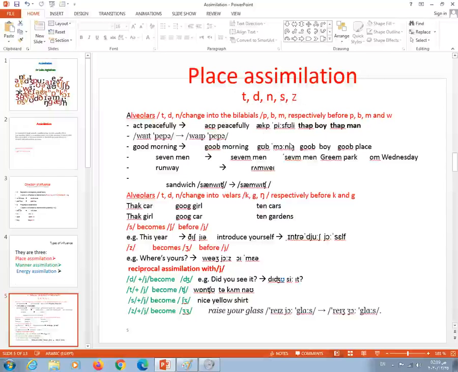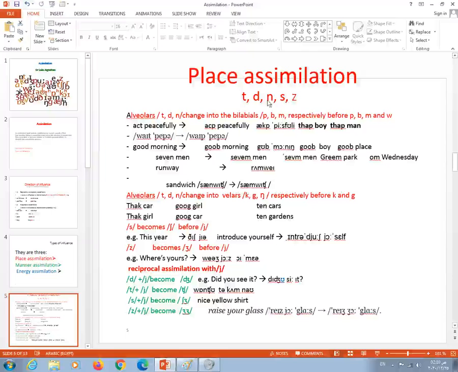Here I have only 5 consonants. All of them are alveolar consonants.